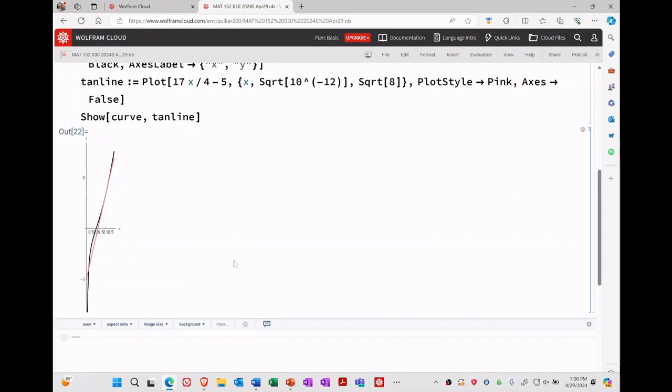Oof. That looks awful. And that really is just hideous.